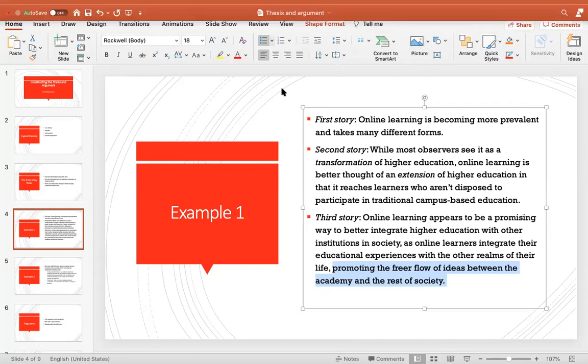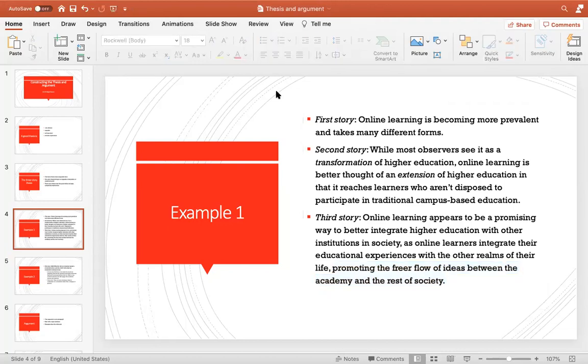Now, what does that mean? This particular thesis statement is saying that online learning can integrate higher education with other institutions. What are the other institutions? By other institutions, we mean, for example, the institution of police, the institution of post office, the institution of judiciary, the Department of Health.